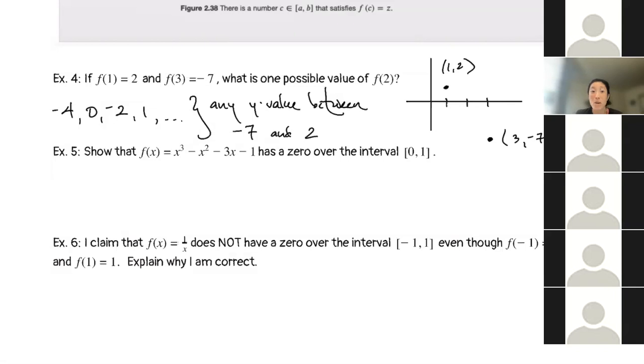It could be 1.5 and that would still work. I could say -pi and that would still work.